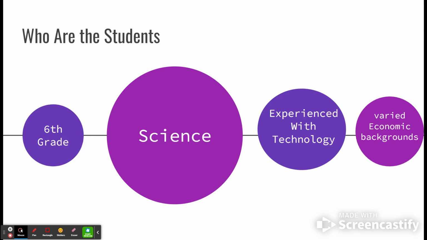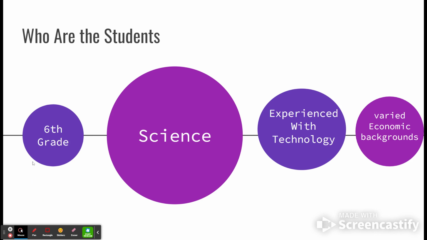I want to start with that first before we get into the problem, because I believe that my students kind of form a large portion of what the problem is. So I teach sixth grade, so those are usually 11 to 12-year olds with a little bit of 13-year olds kind of mixed in there.